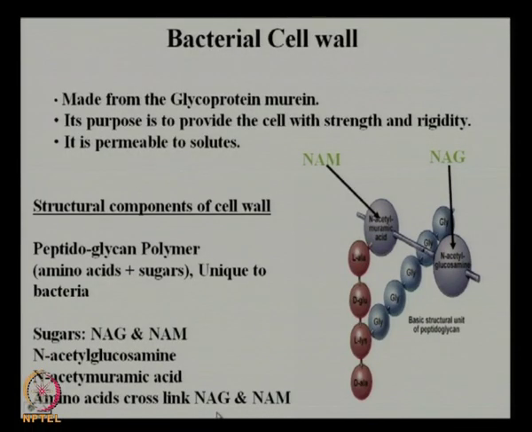Now, for easy understanding, let us consider that it has this amino terminal and carboxyl terminal, and these amino acids are linked with NAM and NAG. This is N-acetyl glucosamine and N-acetyl muramic acid.